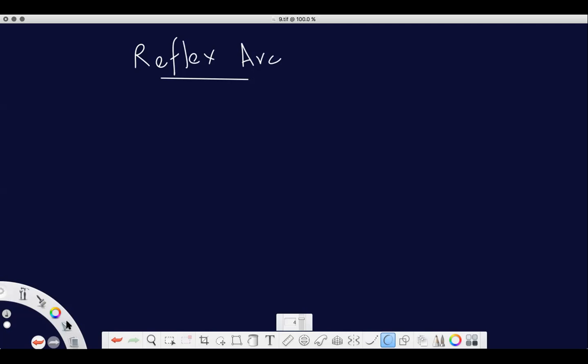If accidentally we touch a hot surface, really hot surface, like iron or maybe a cooking pot, they are really hot. The immediate action is we quickly take the hand from the hot surface.